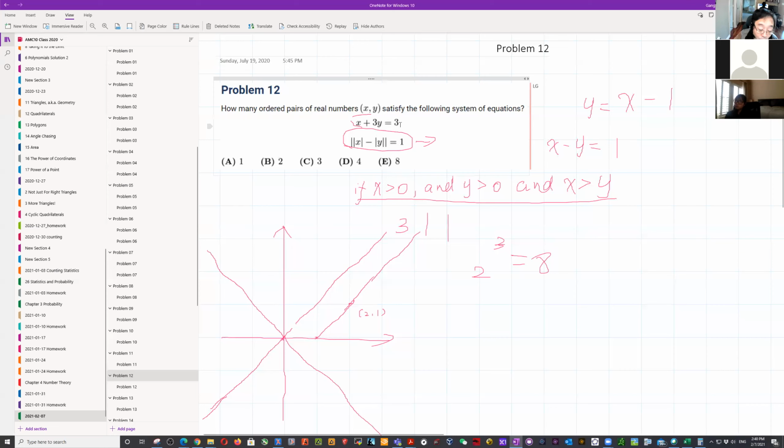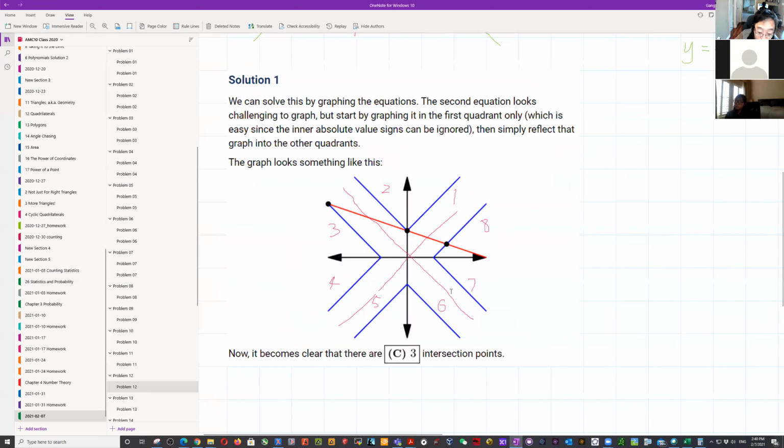It's not limited to any area, but it only creates 3 intersections. This line will get into this area, but it will never intersect in this area because it's going down very fast. It's staying relatively flat over there. Then this intersection just intersects at the tip. So if you really do the drawing and the casework, it's 3.